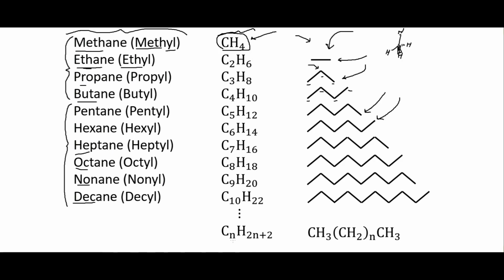So we see that the formula for the number of carbons and hydrogens is C sub n and H sub 2n plus 2. And that plus 2 comes from the fact that the two ends have 3 hydrogens, where all the middle ones have 2, so the two ends have an extra hydrogen each. And so that's where that plus 2 comes in.